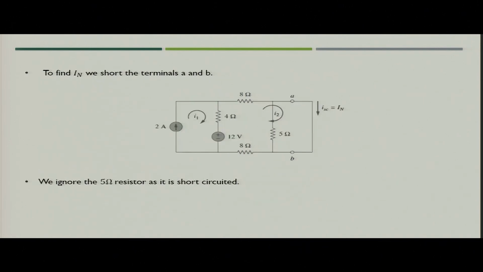Now, the next task would be to find out the short circuit current. So, what we have to do in that case? We have to first short circuit the terminal A B. We need to find the short circuit current flowing through terminal A B, and that would be nothing but the Norton's current.